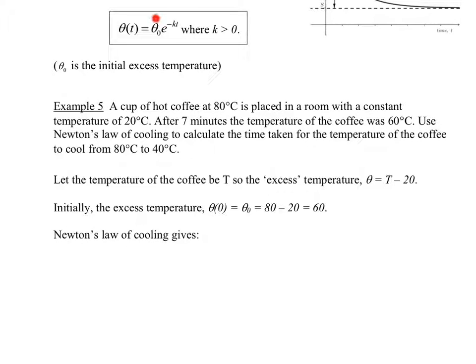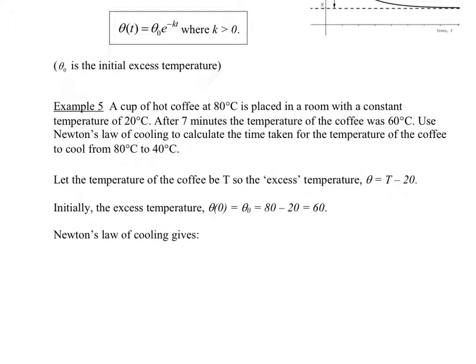It's the difference between the 80 degrees of the hot coffee and the room temperature of 20. So theta naught is going to be equal to 60. Our job then is to figure out what k is, and then use that later on.